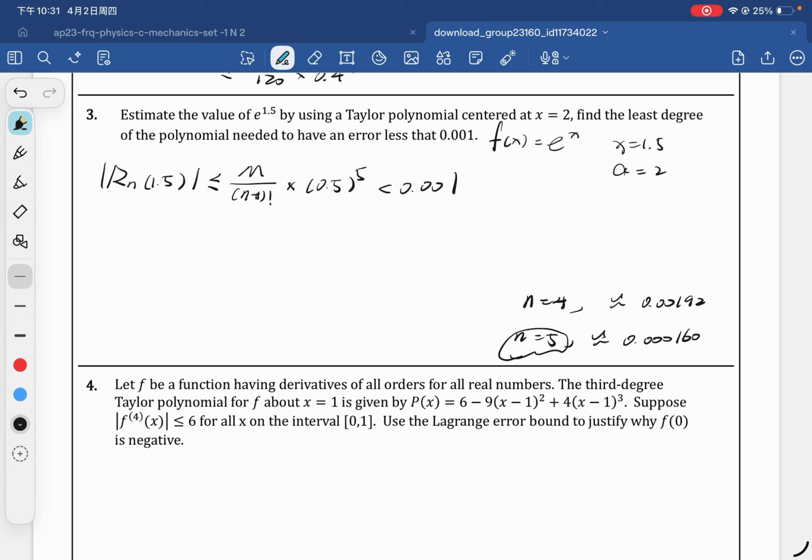M is the maximum value of the (n plus 1)th derivative of f at the point c, and we don't know how many times we differentiate.